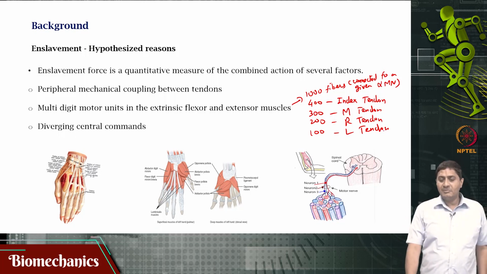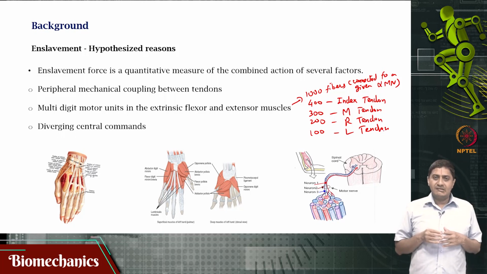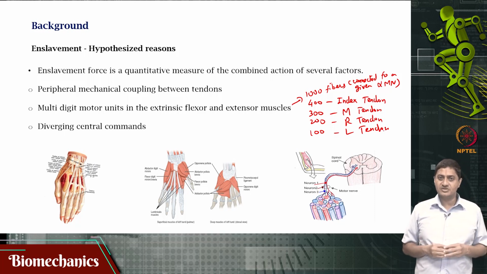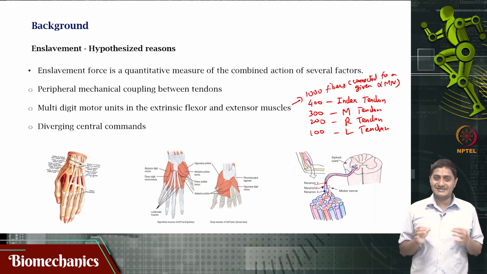Now, remember that whenever an alpha motor neuron is firing, all the muscle fibers connected to this alpha motor neuron will fire. This is the rule, because the neuromuscular junction is an obligatory synapse.